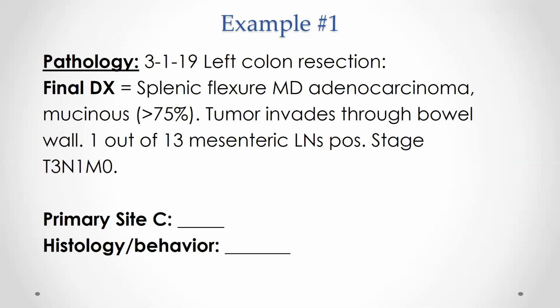So H5 for histology applies to this case. We will code the invasive mucinous adenocarcinoma 8480 when the diagnosis is exactly mucinous and there are no modifiers. So for this slide, the primary site would be C18.5. The histology and the behavior would be 8480/3.